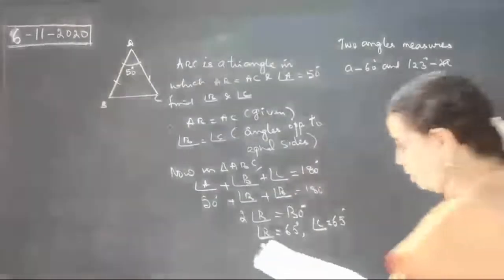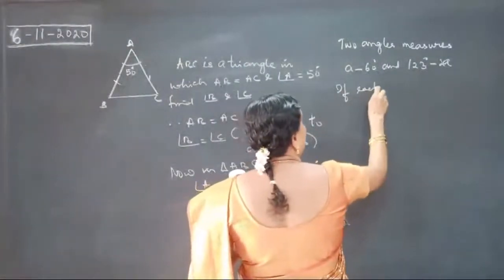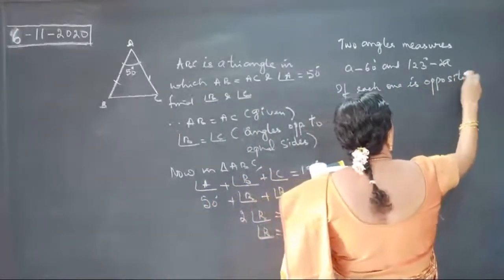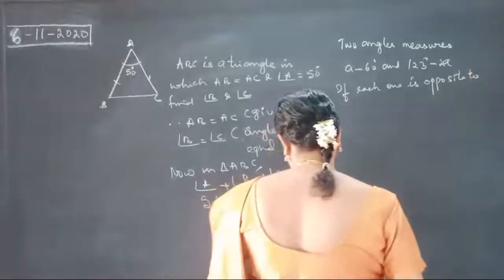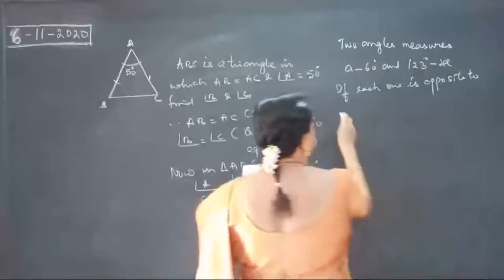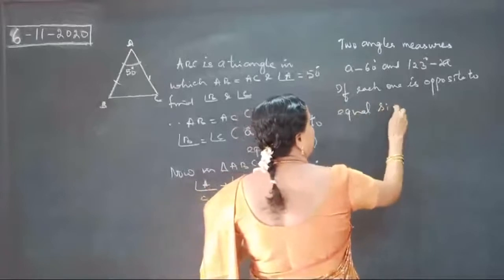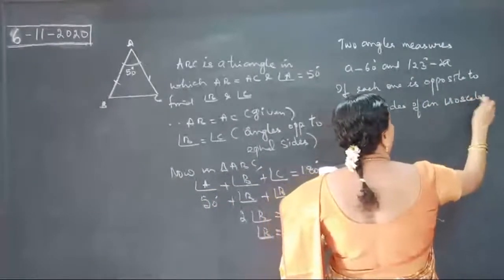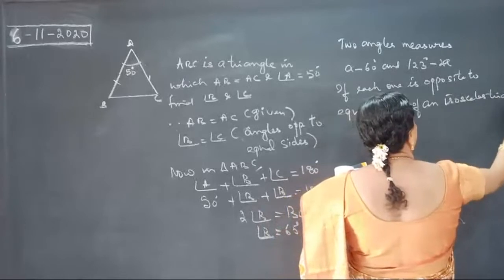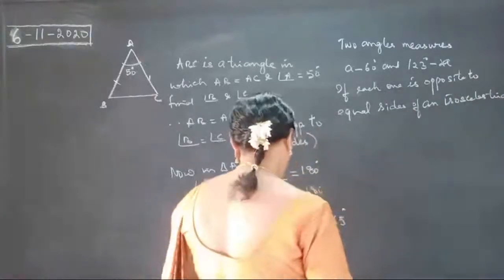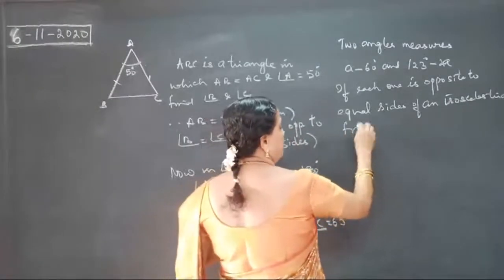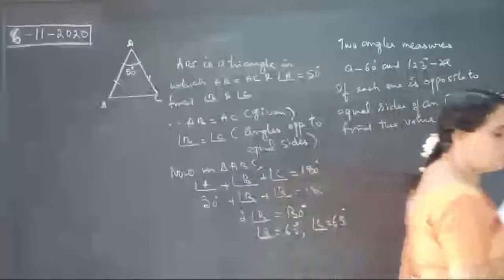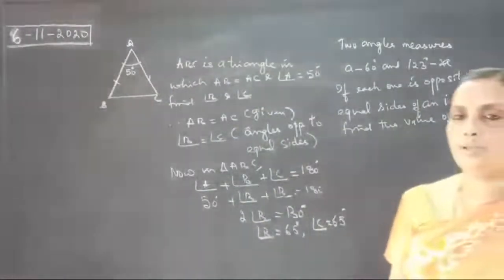If each one is opposite to equal sides of an isosceles triangle, find the value of A. So according to the statement mentioned, try to get the figure.